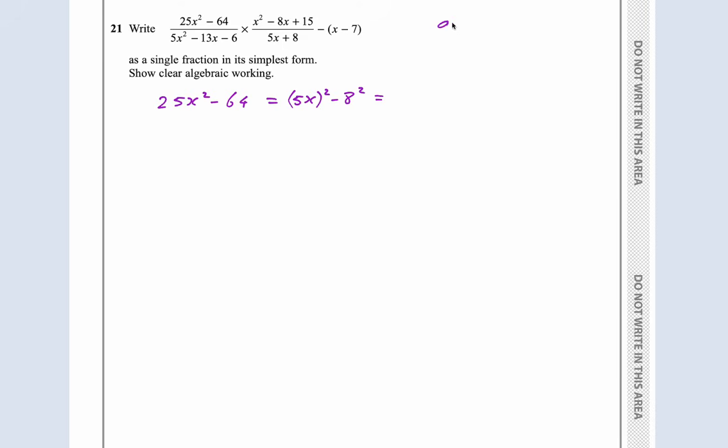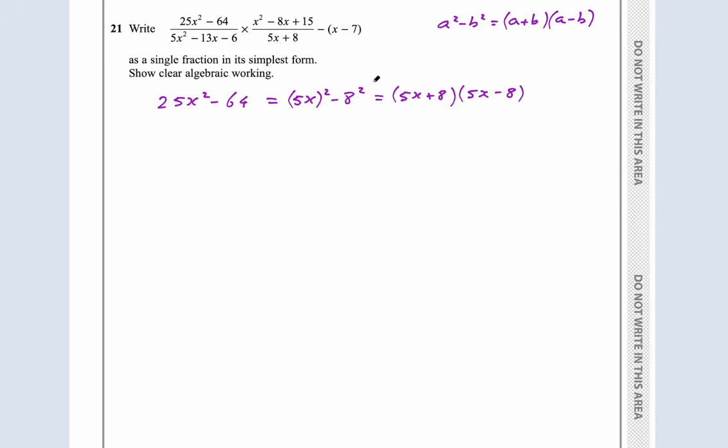There's a formula: a squared minus b squared equals a plus b times a minus b. So this is 5x plus 8 times 5x minus 8. That is the first bit factorized.